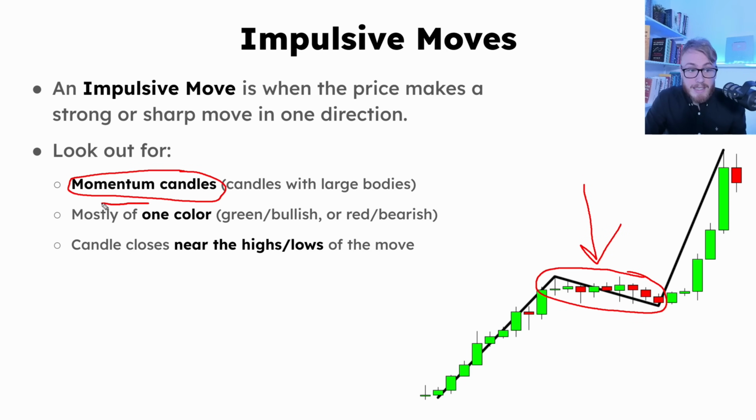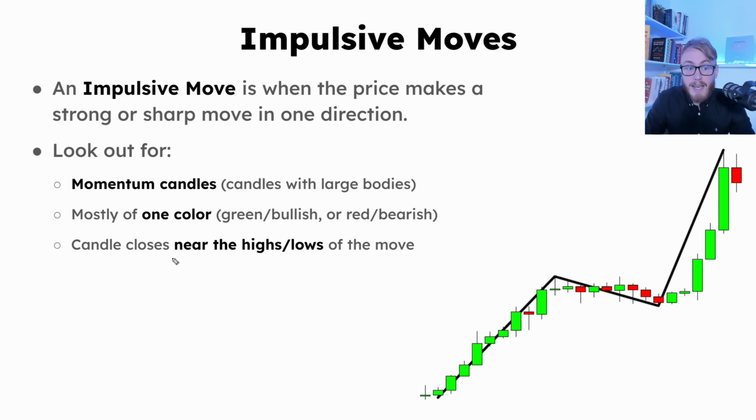You can also see that in this move, the candles were not mostly one color. We have a mix between red candles and green candles. And last but not least, the candle closes here were not near the highs of this move. You can see we had many wicks here, and many of these candles actually closed near the low.